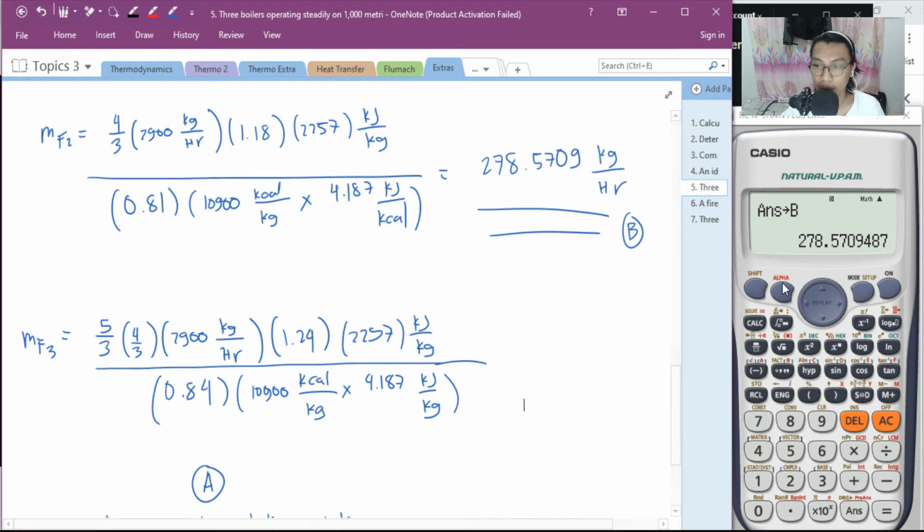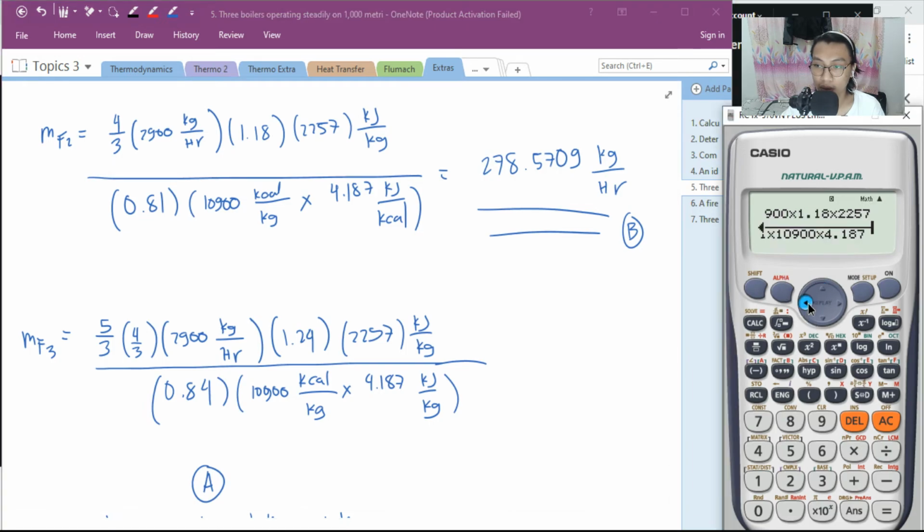Ngayon, meron na dagdag. 4/3, 5/3 naman. 2,900, 1.24. Ganito lang po mag-solve yan, ulit-ulitin nyo lang.